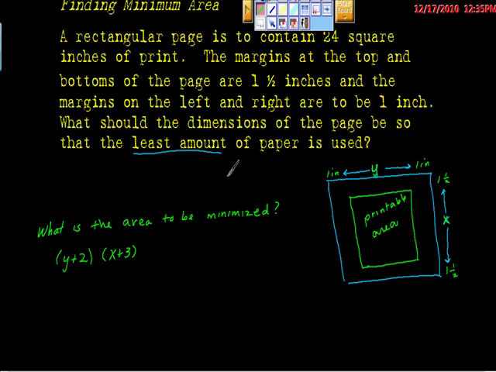Because we need a rectangular page to contain 24 square inches of print. So we need this 24 square inches of print here, don't we?